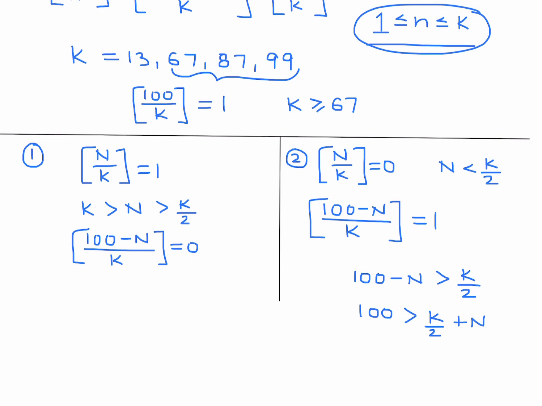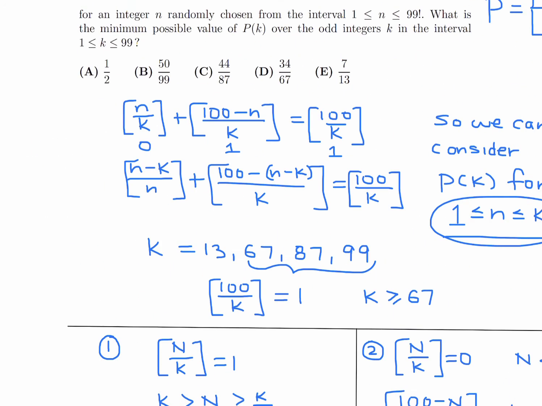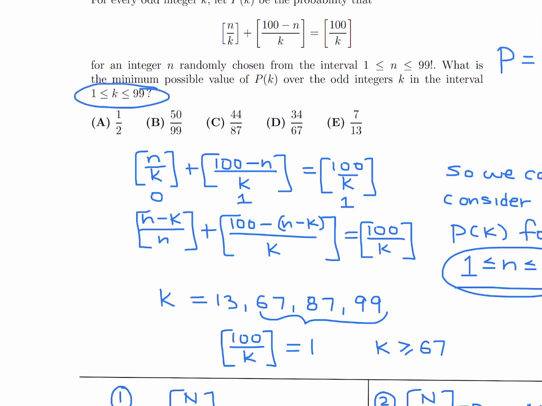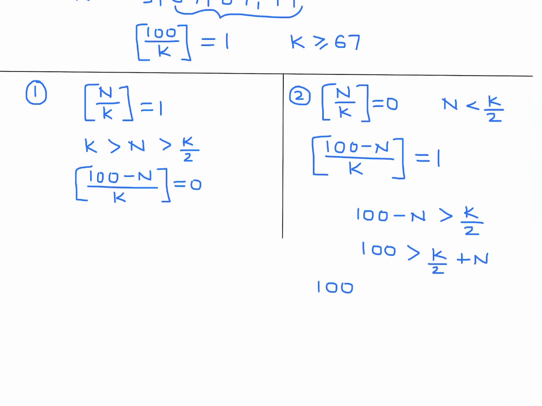Now, n, according to this, is less than k. So if you continue this inequality, considering the fact that k is less than 99, then you can substitute k here.